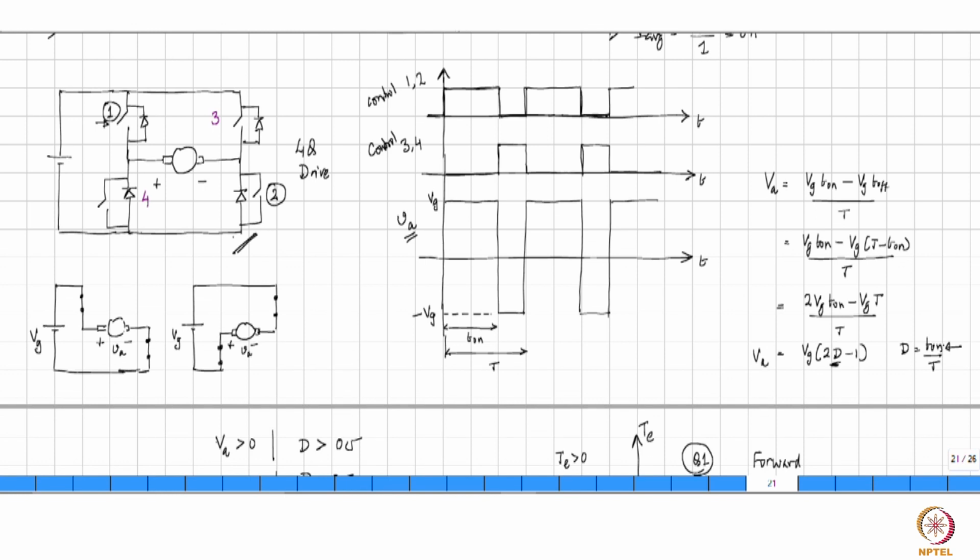Therefore, what you would like to do is that you would like to vary the occurrence of this edge such that maybe you would want to at some point control it to switch off here, or at some point control it to switch off here, or you may want to switch off here, right?